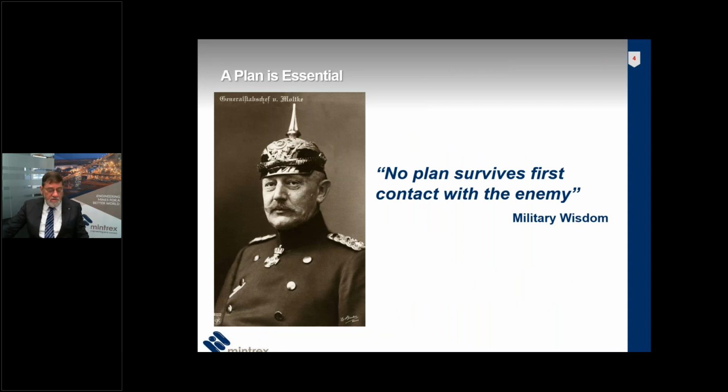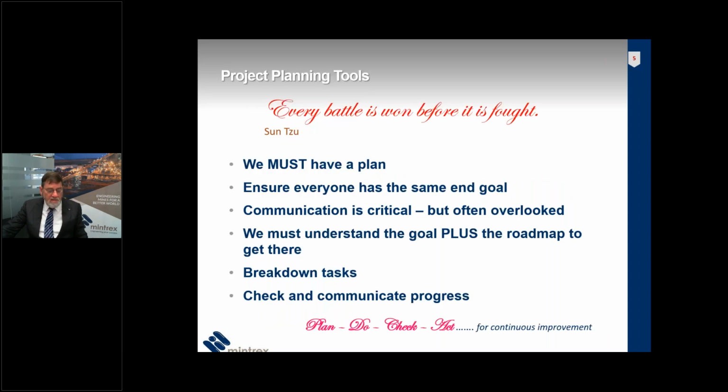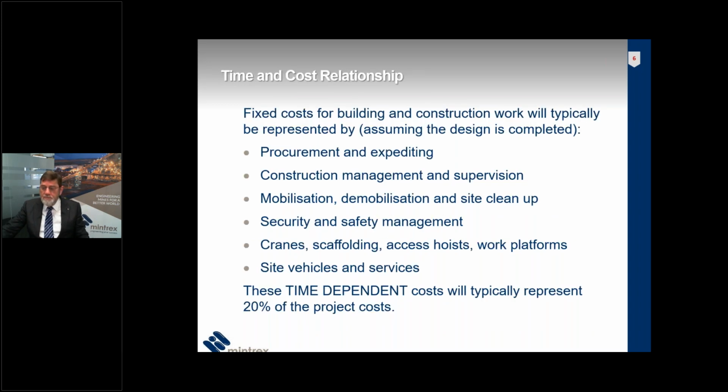The dynamic nature of plans is not a reason not to have a plan, and that's perhaps best understood from Sun Tzu's wise words, which explain better than most why you need a plan. And it's also noteworthy that a plan's the first part of the Deming cycle of operational excellence and continuous improvement. A reminder that plans are required in all aspects of life, and projects are no different.